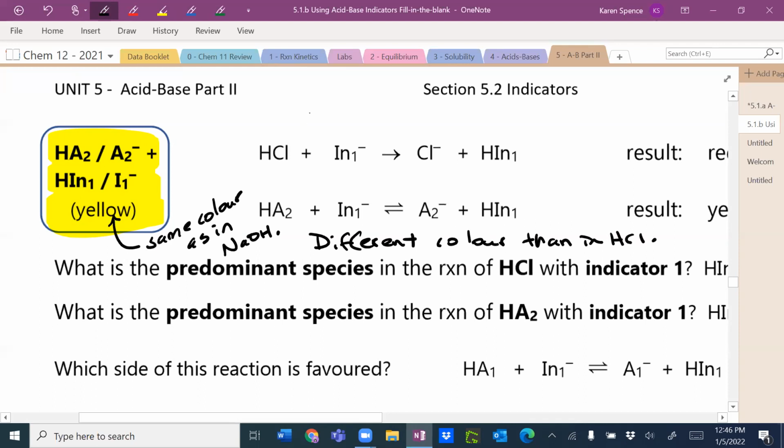So HA2, is it stronger or weaker than HIN1? HA2, stronger or weaker than HIN1?